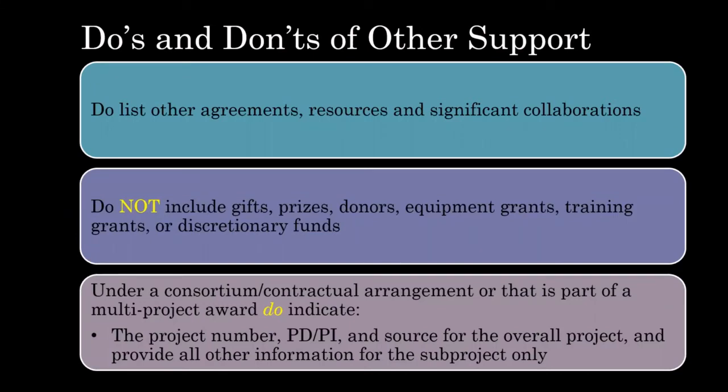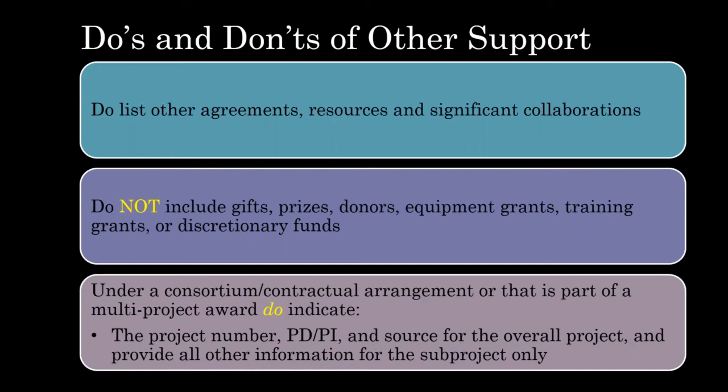So for instance, if my PI has a grant with, say, another university, I would list the source as the university's name / the prime institution. So for example, University of Cincinnati / NIH, NINDS could be the prime. And then I would only indicate what my PI's portion of their direct and total cost dollars are.